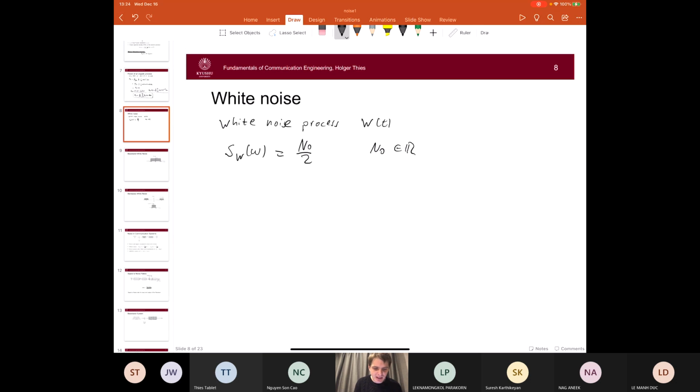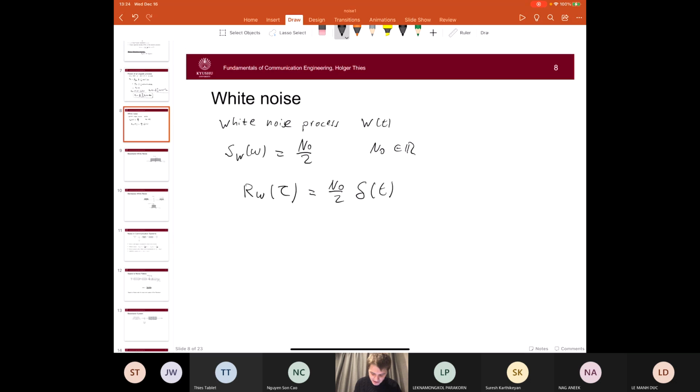And then we can use our previous result to compute the autocorrelation function of the white noise process. The autocorrelation function is given by the inverse Fourier transform of the power spectral density, and we have seen what the inverse Fourier transform of a constant function is. So we will just get N0 half times delta of t, where delta is the unit impulse function, right?